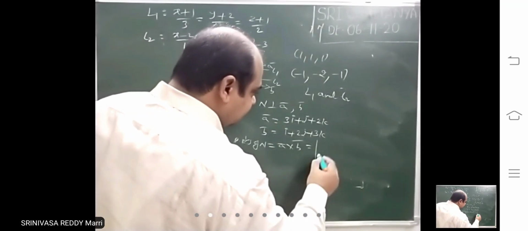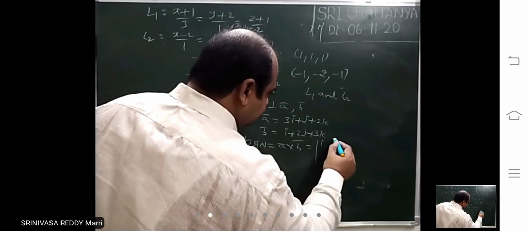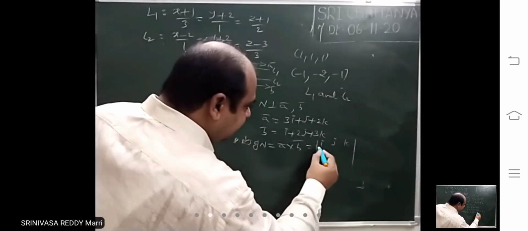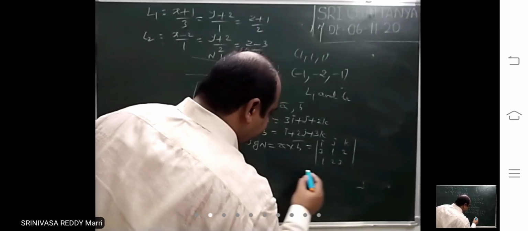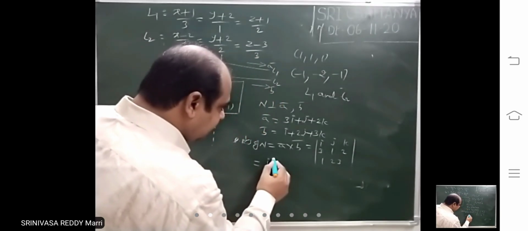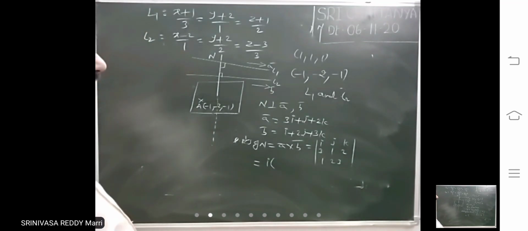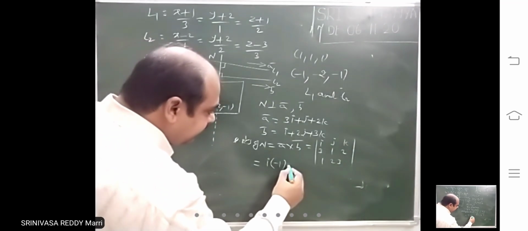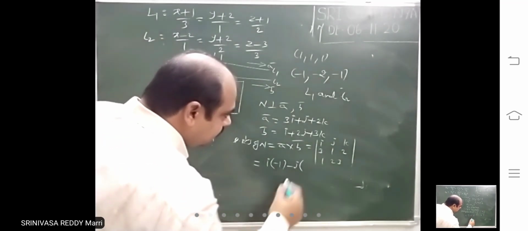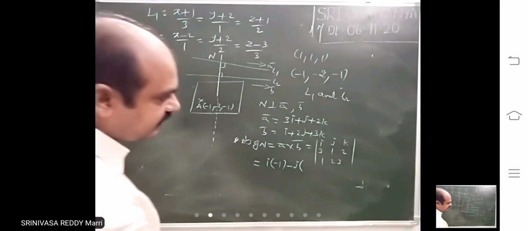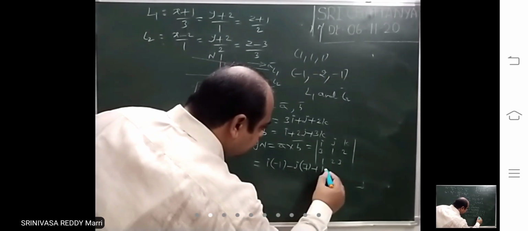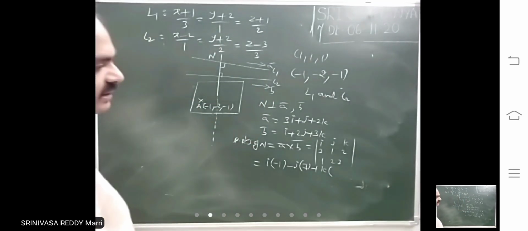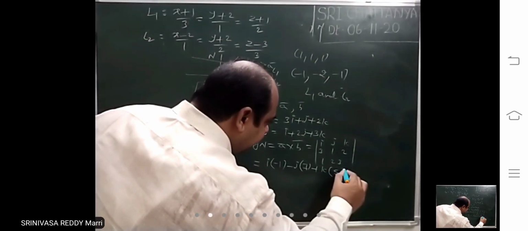Write the cross product: i, j, k; 3, 1, 2; 1, 2, 3. That gives i into (3 minus 4) minus 1, minus j into (9 minus 2) 7, plus k into (6 minus 1) 5.